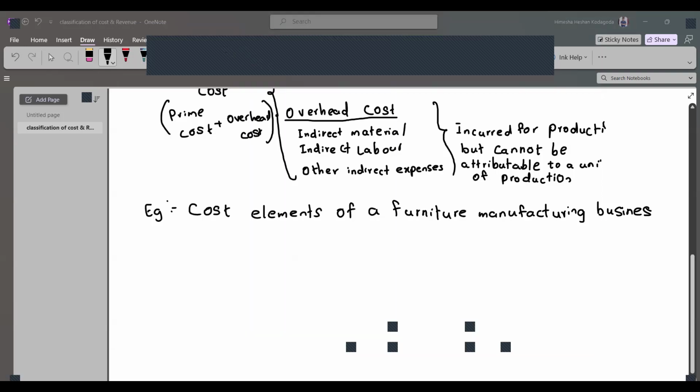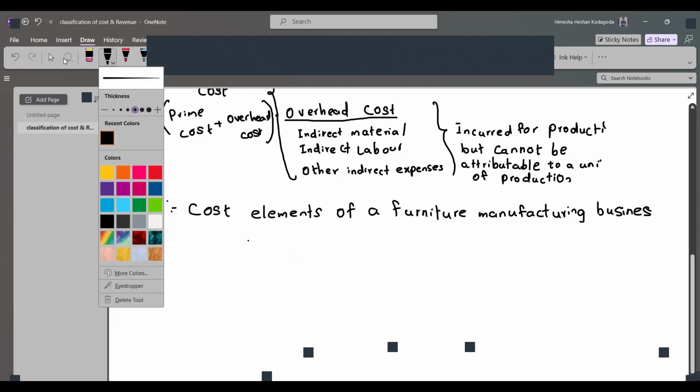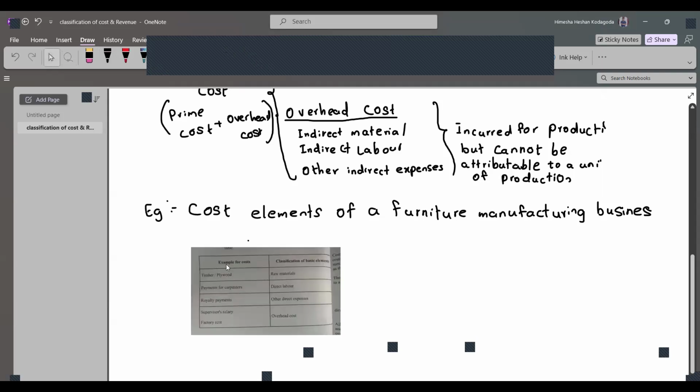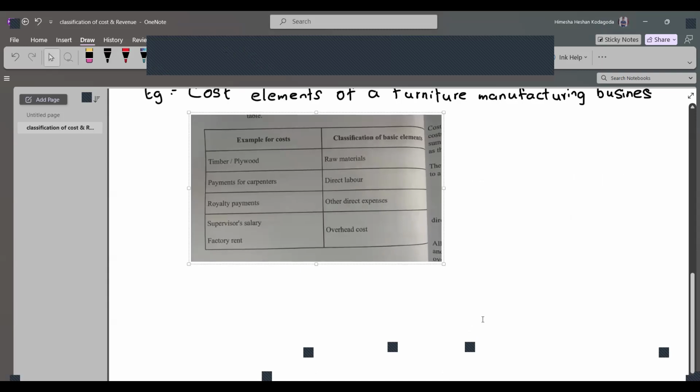Right. So what are the cost elements? Okay, I'll share this part. Can you see the picture, guys? Yes, right?